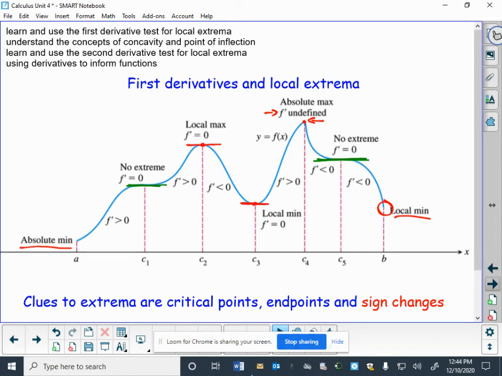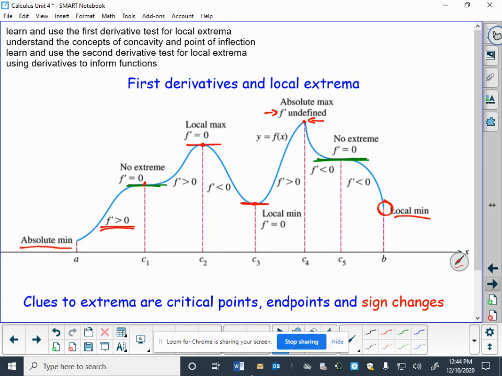The derivatives don't tell us really anything about endpoints. But this one right here tells us that between A and C1, and C1 is definitely a critical point, a place where the derivative came out to be 0, to the left of C1 the derivative was positive, which is an indicator that the function was increasing.